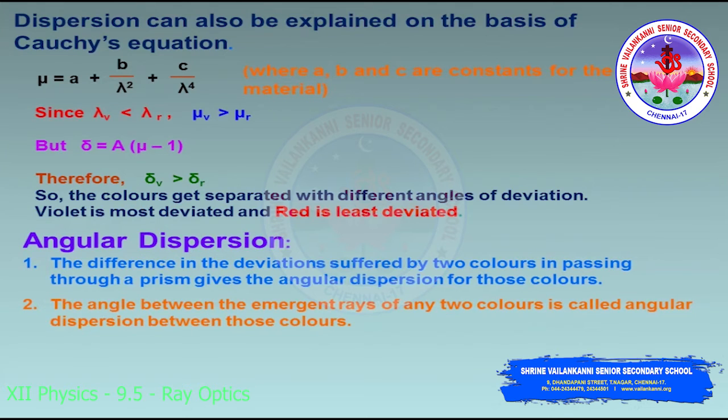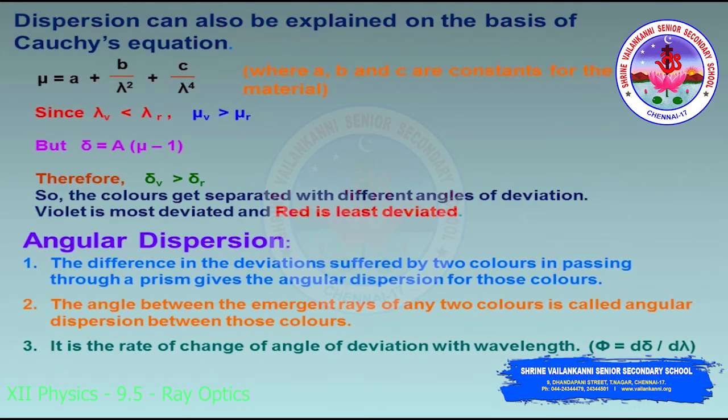The angle between the emergent rays of any two colors is called the angular dispersion between those colors. It is the rate of change of angle of deviation with wavelength, that is phi is equal to d sigma by d lambda.